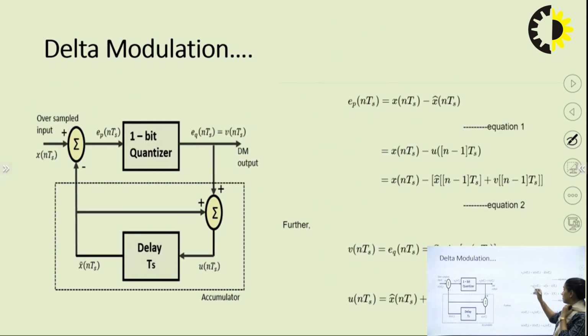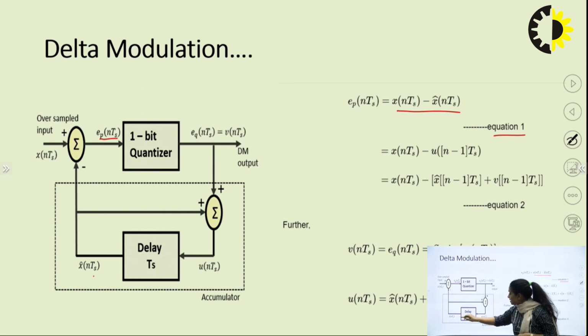Let's see what the value of e_p(nTs) is here, as this is the difference signal, right? The error, which is also called the error signal. We name it equation 1. Now, what can I write as x cap(nTs)? This I get as the summer output of the quantized value and the delayed signal. So this I can write as u((n-1)Ts), right?